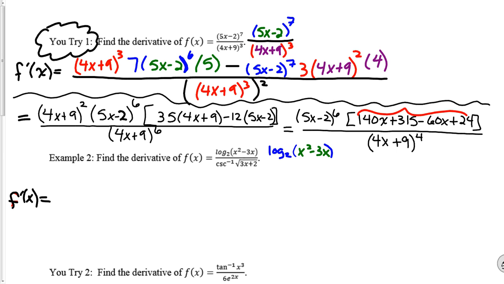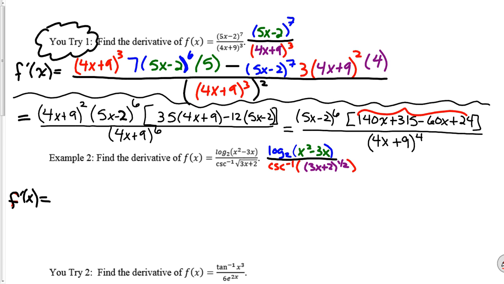And then I'm dividing by my outer part of my denominator, which is cosecant inverse. My inner part is actually 2 inner parts, but I'm running out of colors, so I'm going to write it all as 1 inner part, and that is going to be 3x plus 2, which is my inner part, raised to the 1/2, which is sort of the middle inner part, and that's what I have.